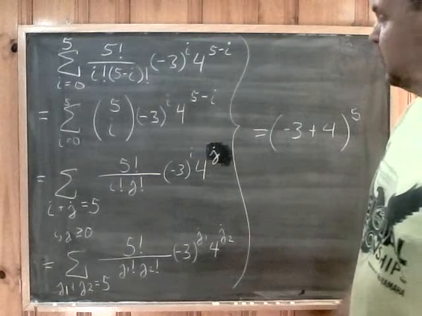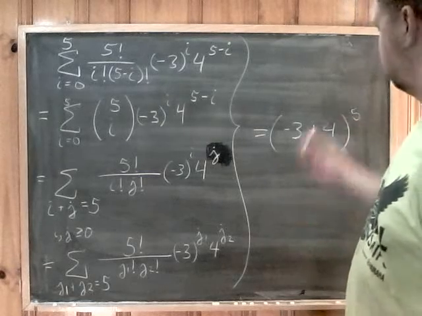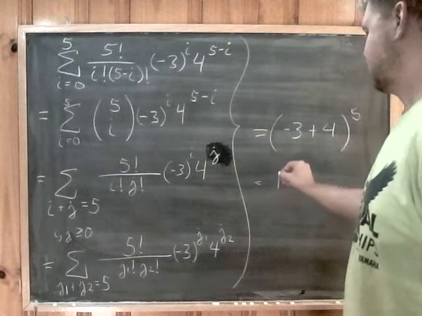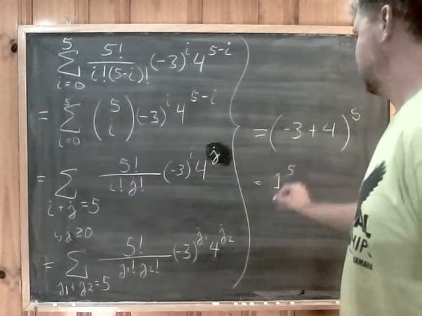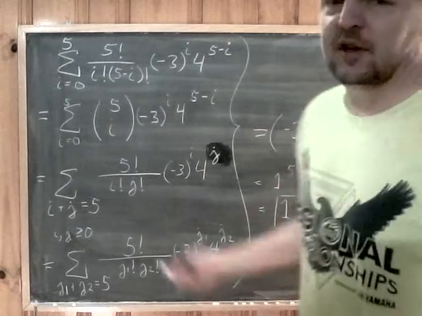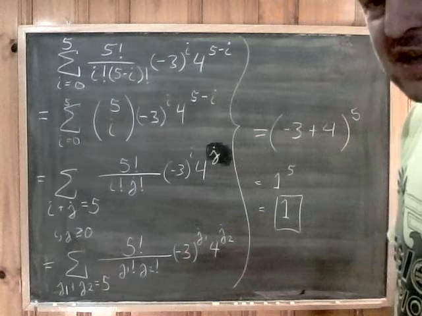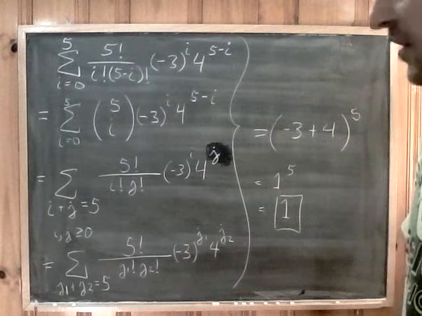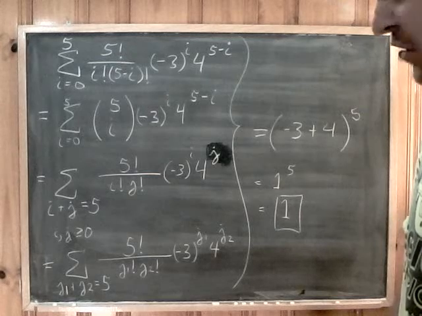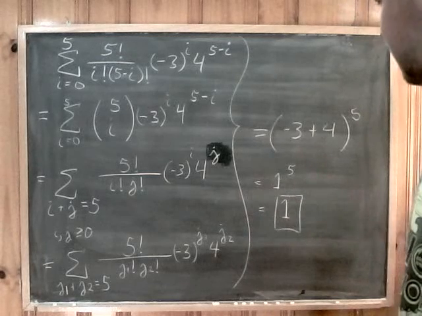Whether we're using the binomial theorem or the multinomial theorem, you get the same exact answer, and that simplifies really fast, right? 1 to the 5 equals 1. So all that work to get the answer of 1, but I just wanted to go over some of the multiple different ways that you can write the same thing with this kind of math.